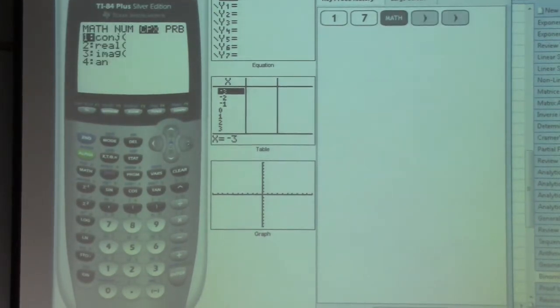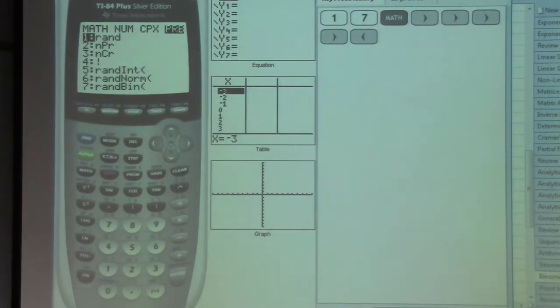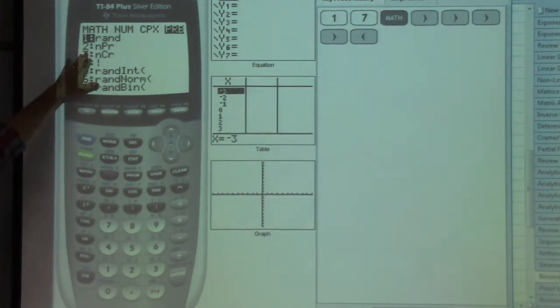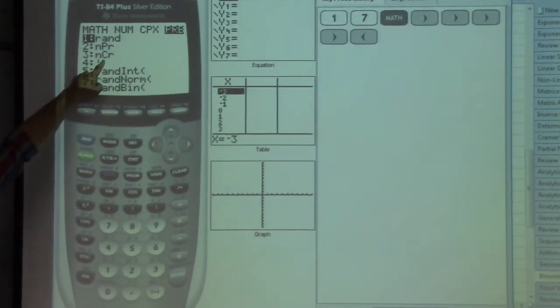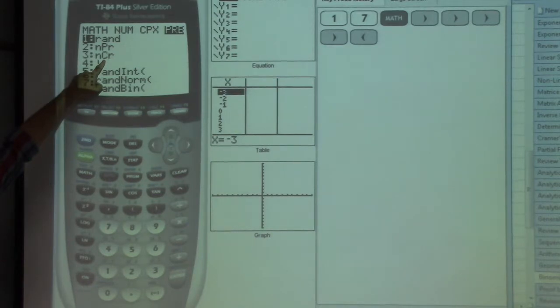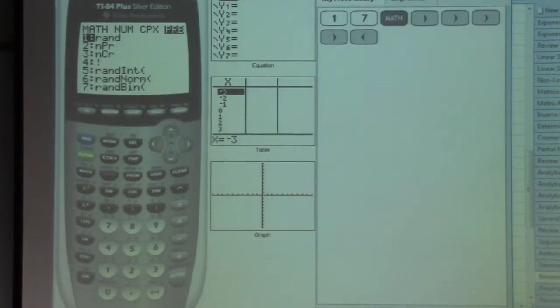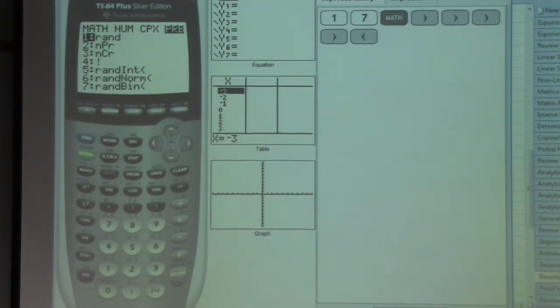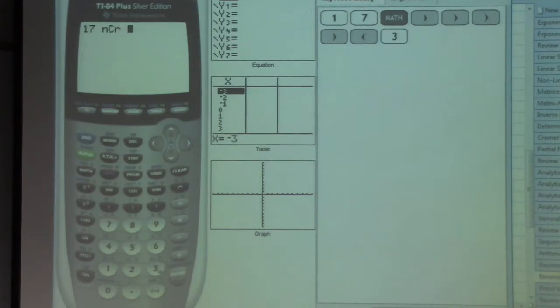Whoop, too far. Our third option there has that combination shorthand that we've been using when we've referred to it. So we can either use our arrow keys, or we can just type the number 3 to select that particular special part of our calculator programming.